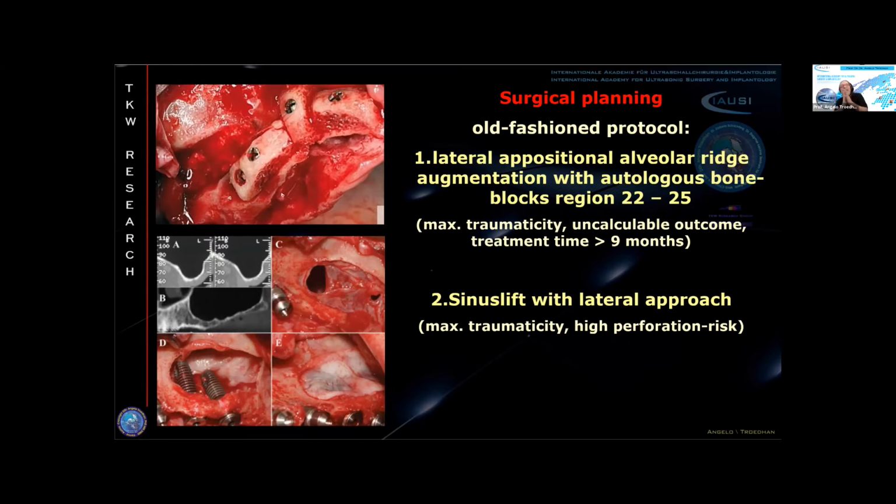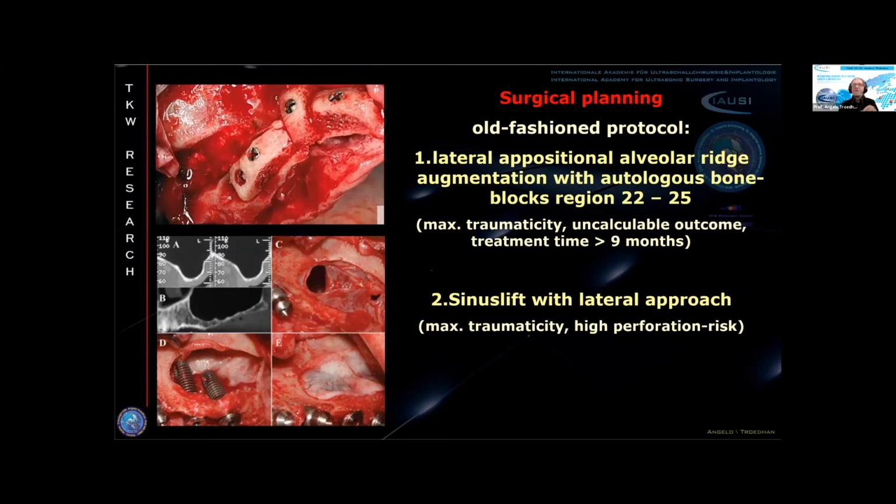But why was the autologous bone block the gold standard for a very long time? Just a simple fact. If you need the bone to heal perfectly, you need the augmentation site to be completely immobilized, like a natural fracture of a bone. And of course, this is given if you transplant an autologous bone block, simply by placing the bone block and stabilizing it with the osteosynthesis screw.